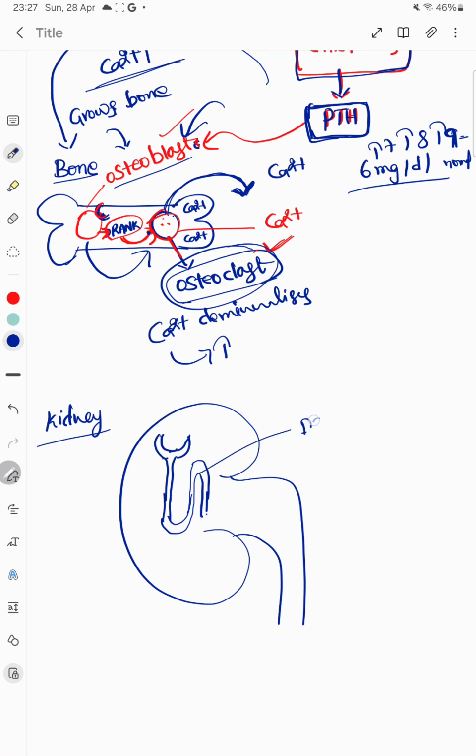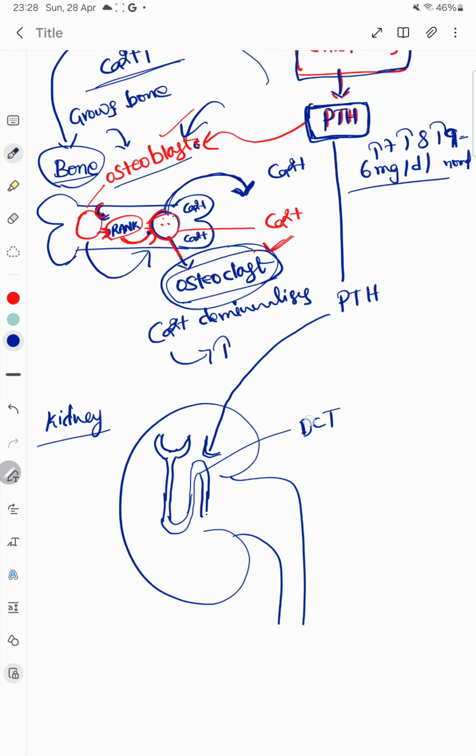So this is a distal convoluted tubule. This produced PTH already acted on the bone. This produced PTH will also act on the kidney, particularly on the distal convoluted tubule of the nephron.